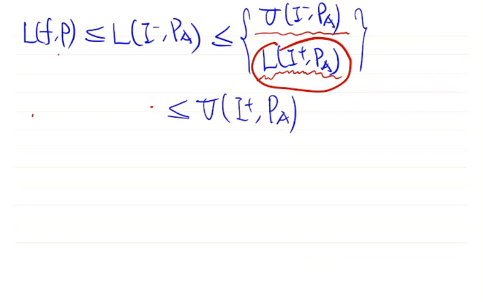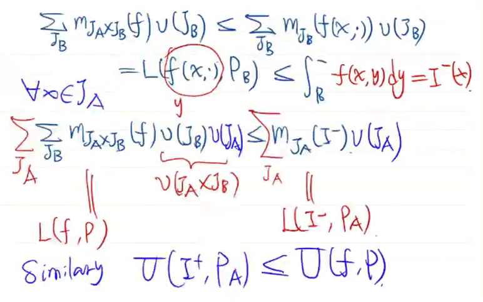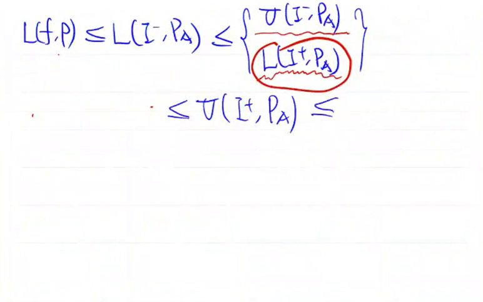The reason is the same, okay? And for the upper sum, we just mentioned, the upper sum of I plus will not be greater than the upper sum of F, okay? So we have this inequality. Now we can conclude our proof.